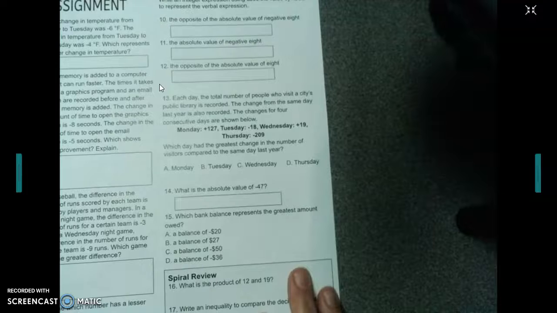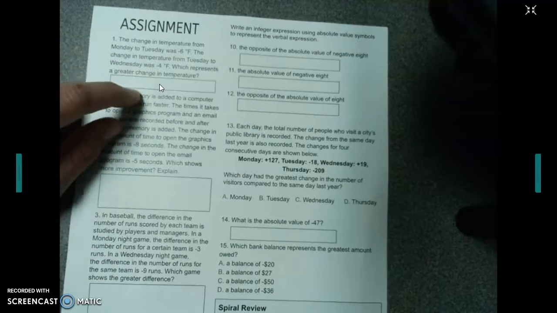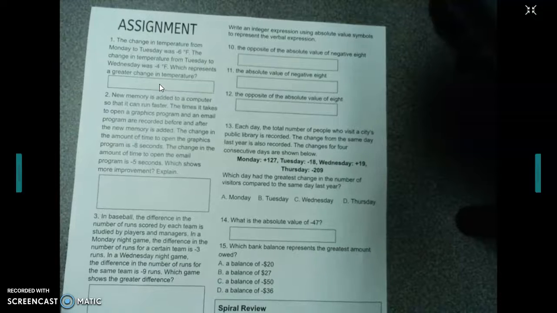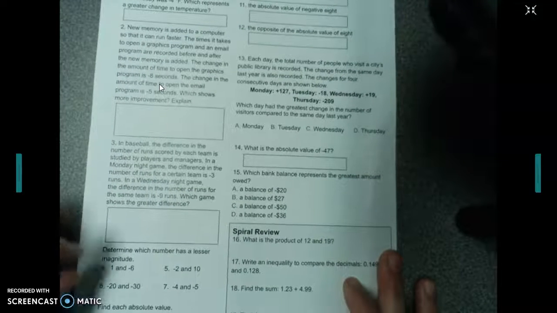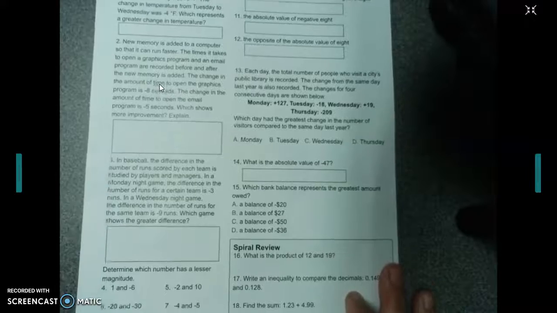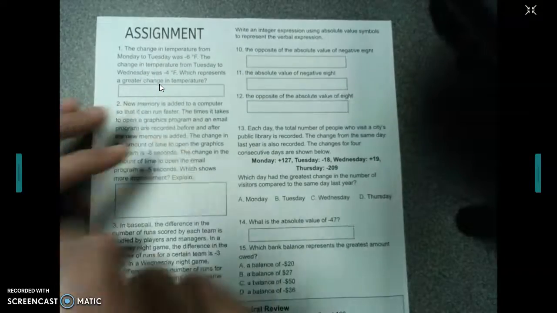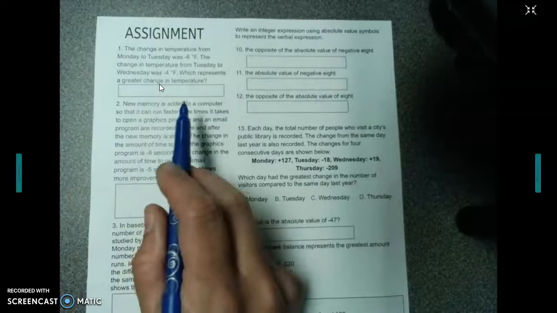Now, if we flip over to the next page, you will find your assignment. In the little block areas is where we are going to be putting our answers. Here, let me go through it real quick. So, you're figuring out which one is the greater change up here.